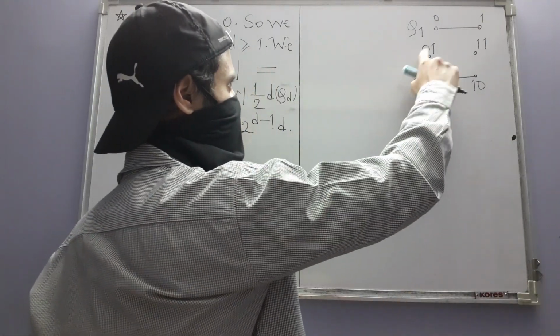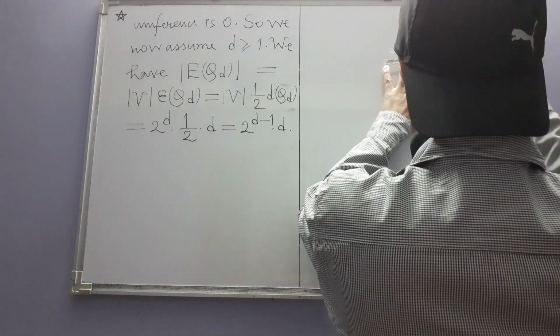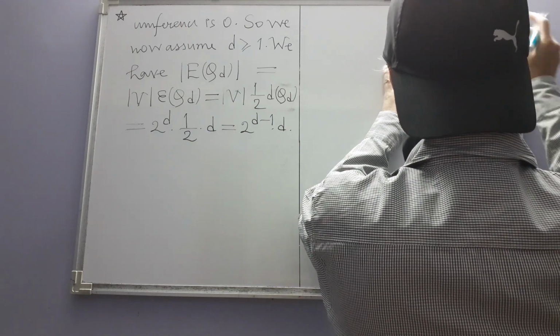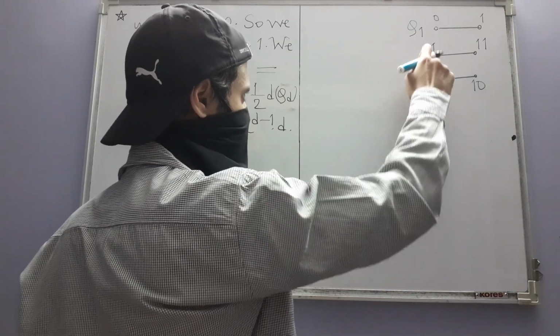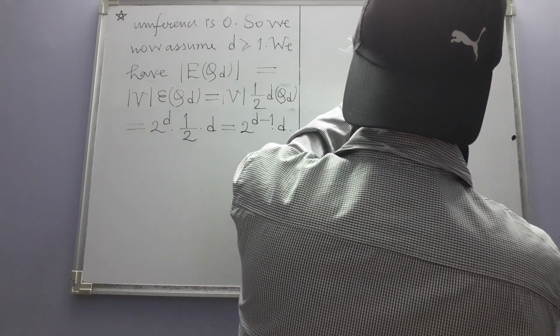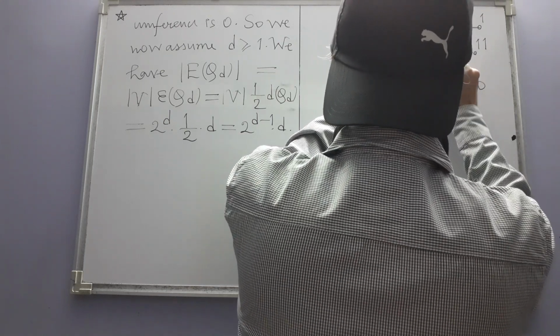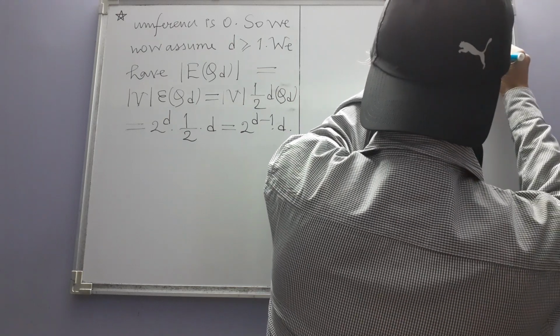Similarly, here only the first positions differ, so these two will be adjacent. Just like that, between this and this only the second positions differ, so these will be adjacent, and similarly the other two will be adjacent.